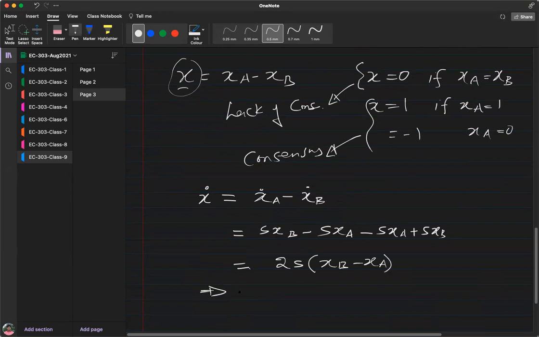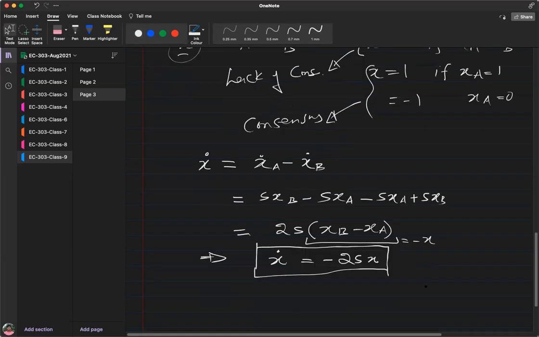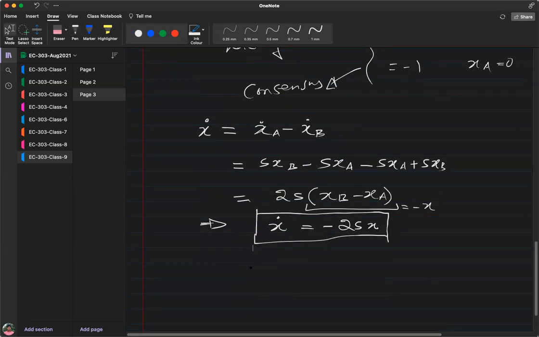So this implies that x dot is equal to minus 2sx, because this is nothing but minus x. So this is the equation for the consensus variable. This is the mean field approximation for the consensus variable.